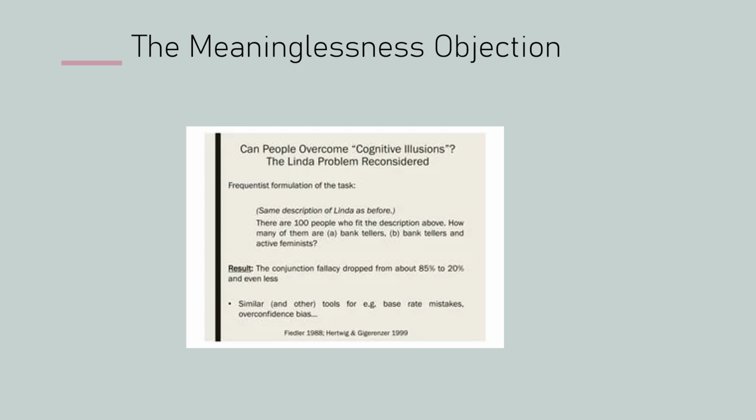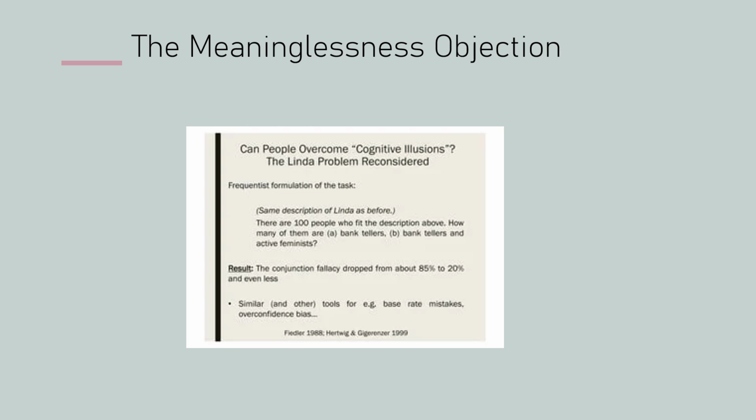And the first argument here is that the results they are finding, the irrationalities they are digging up, are simply an artifact of the experiment rather than about people's rationality itself. What that means is that if you restate these problems in a slightly different way, the cognitive illusion disappears.